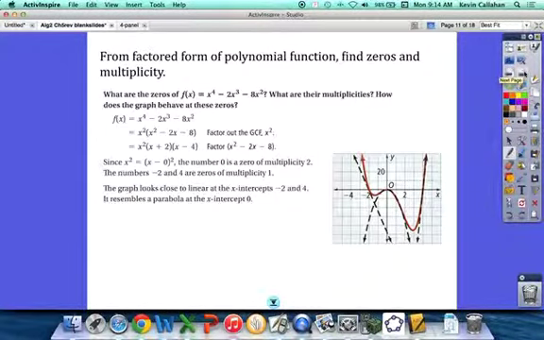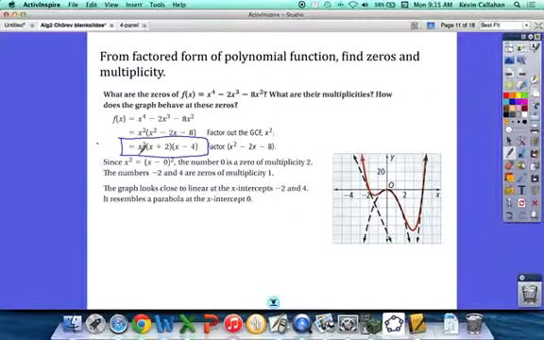Okay, from the factored form of a polynomial, identify the zeros and the multiplicity. So in this example here, they started with a standard form, but just looking at this one right here, what are the zeros? 4 and -2 and 0.